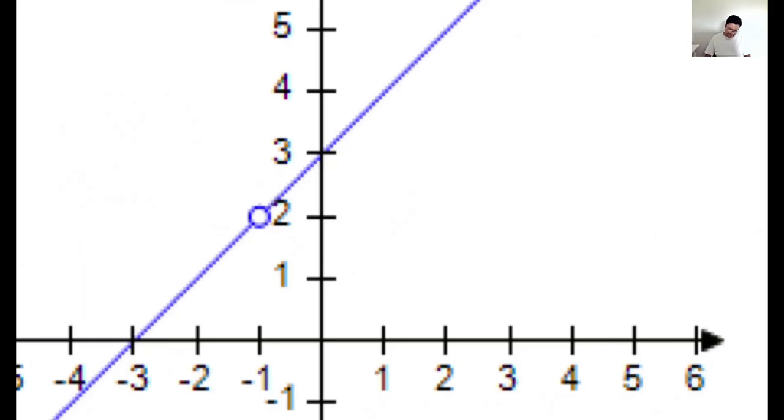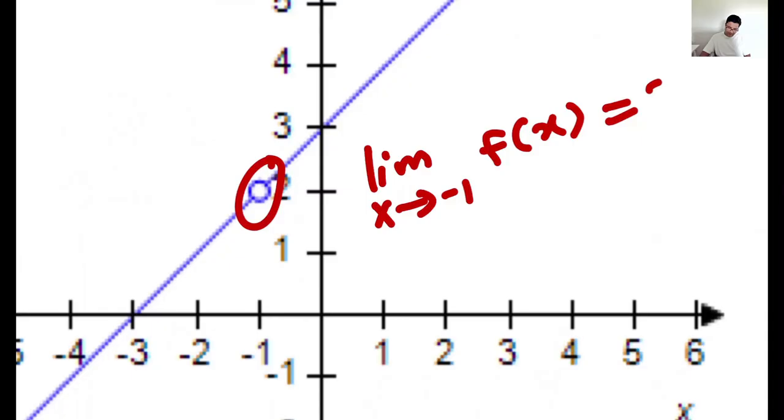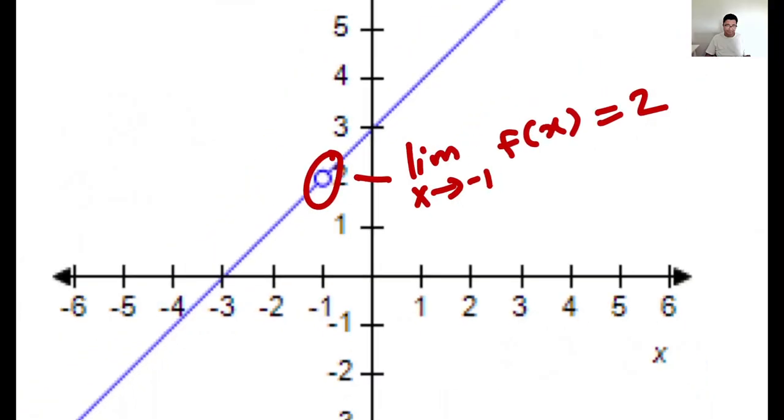But then if you look at the graph, you see there is a hole at 2. So your answer is simple. The limit as x approaches negative 1 of that function is 2. The function is not defined, but its limit is 2. It is approaching the same value from both sides, as you see in the graph.